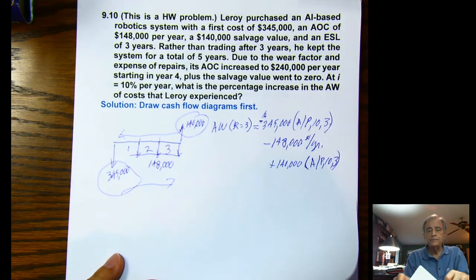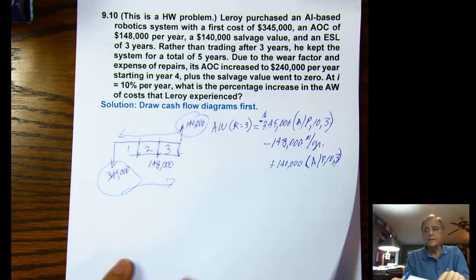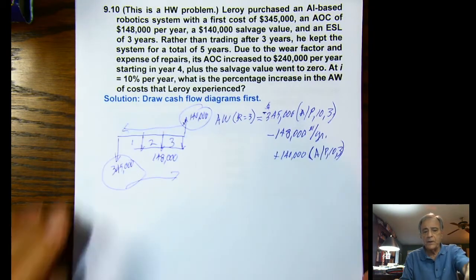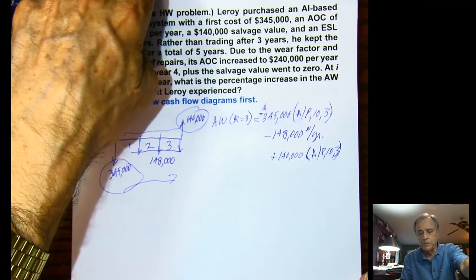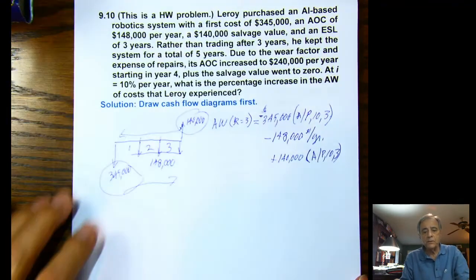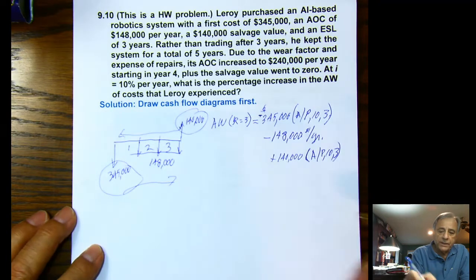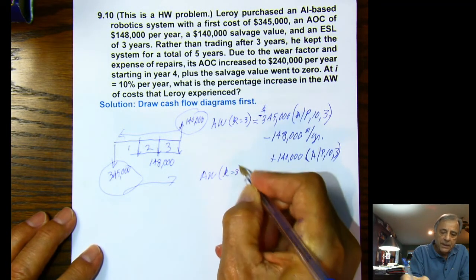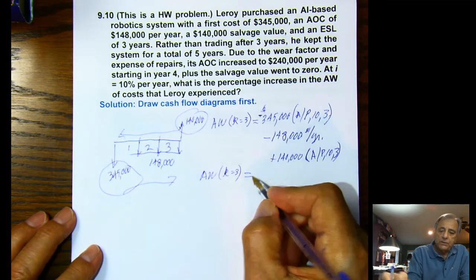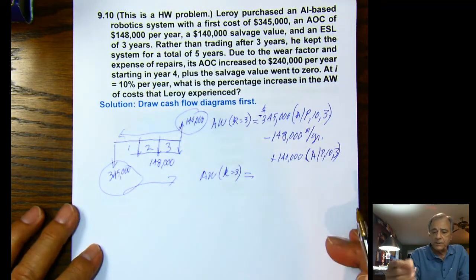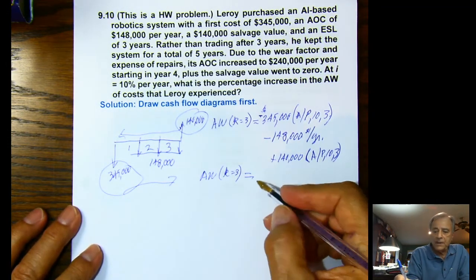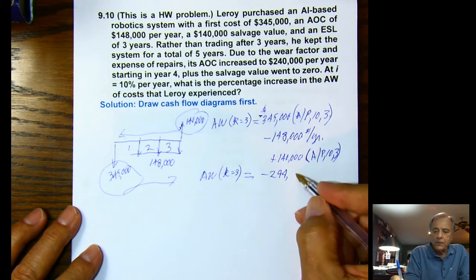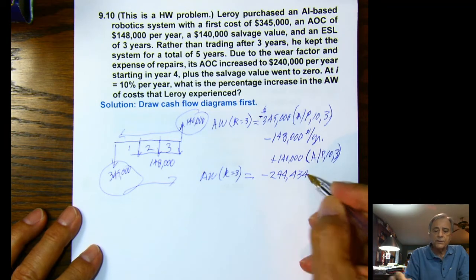So that is the value of the annual worth of keeping it 3 years. So AW at K equals 3 would be equal to that quantity, which if you work that out, it comes out minus $244,434.